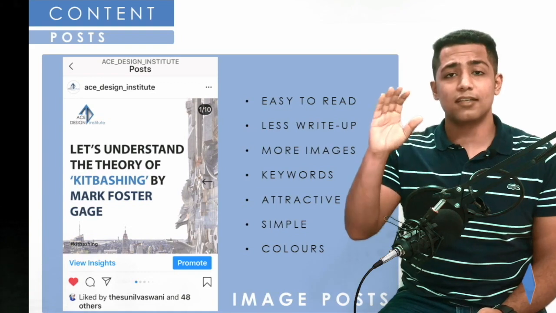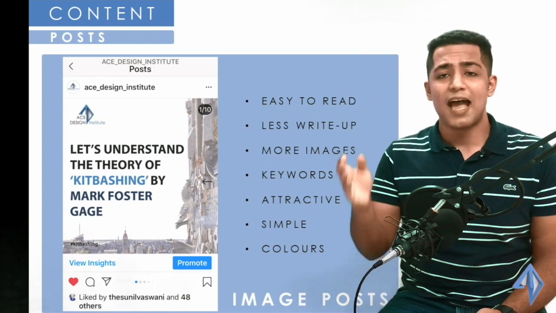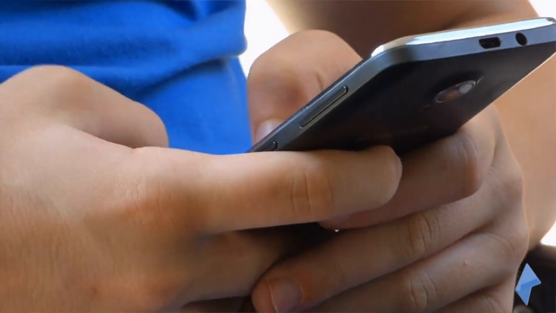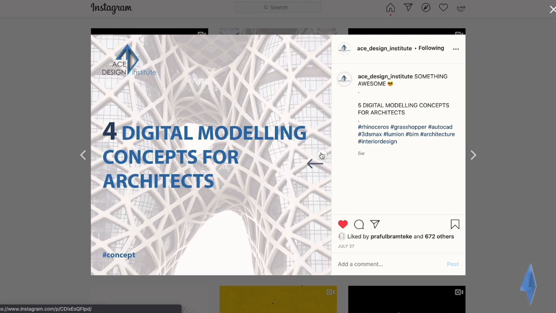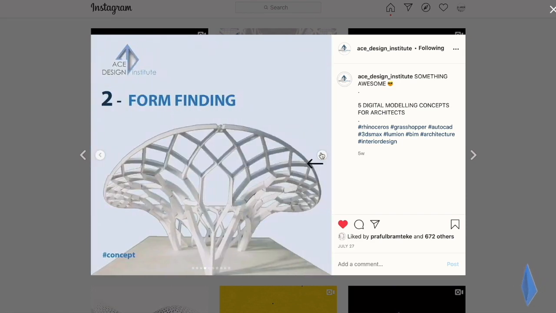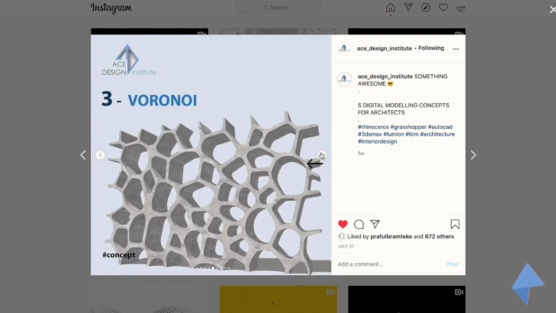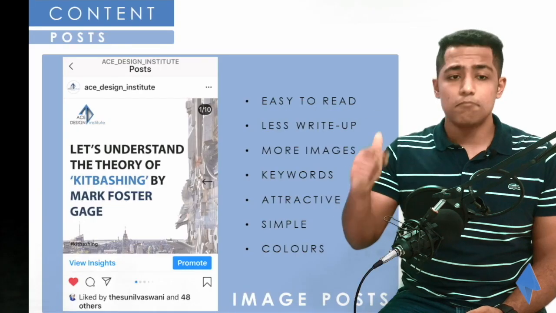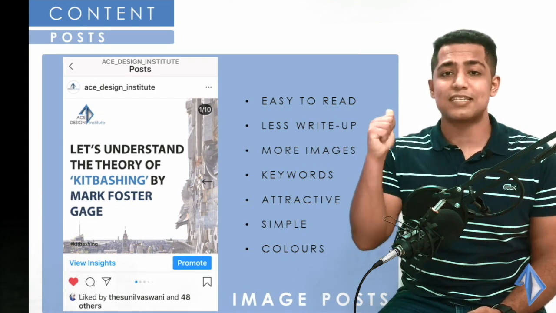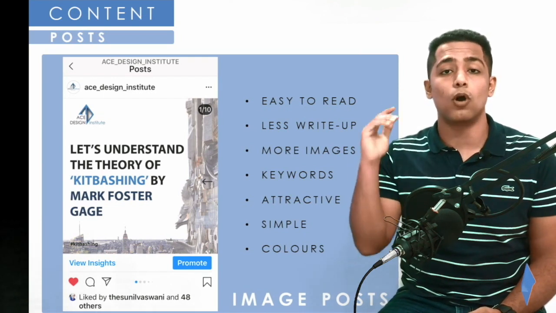We have certain fixed formats for our posts, and those not only increase the amount of posting that we can do, but they make a good set. And even if someone in our team changes, we will always have the formats that we can use to do our posting. So: easy to read, less write-up, more images, keywords, attractive, simple, and follow a color pattern.